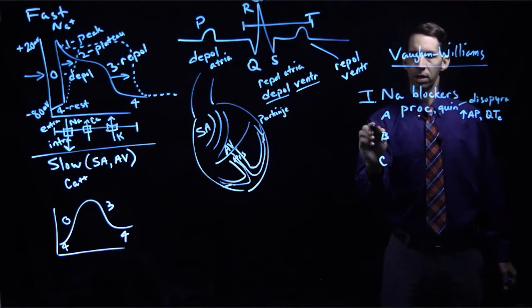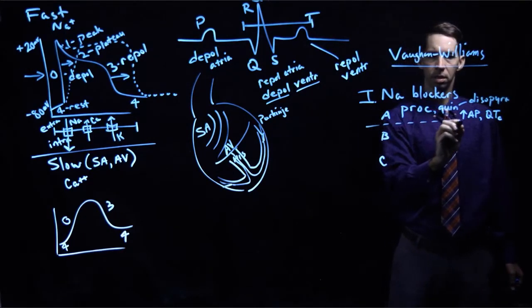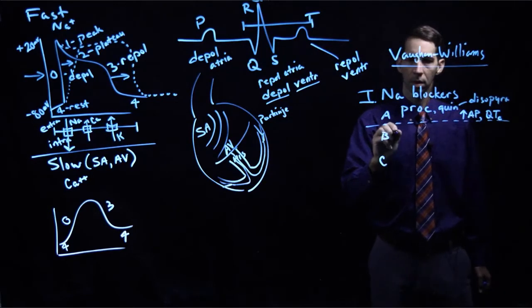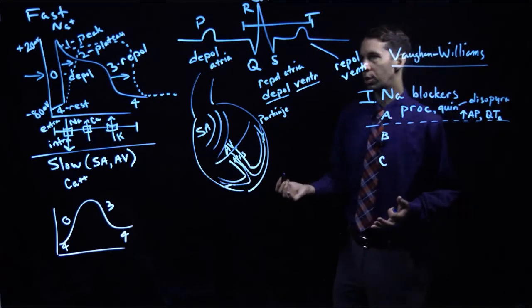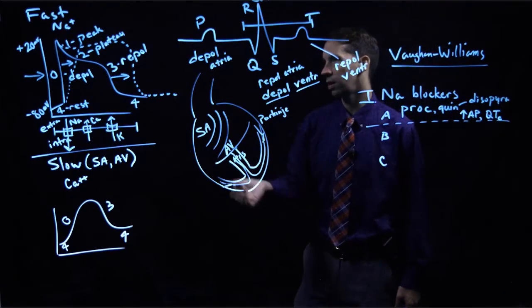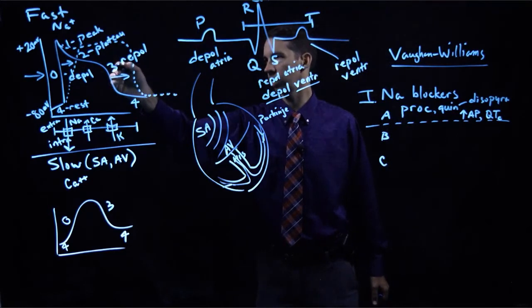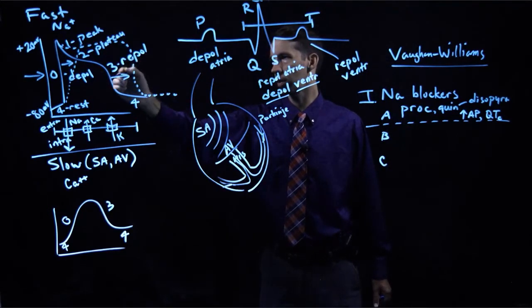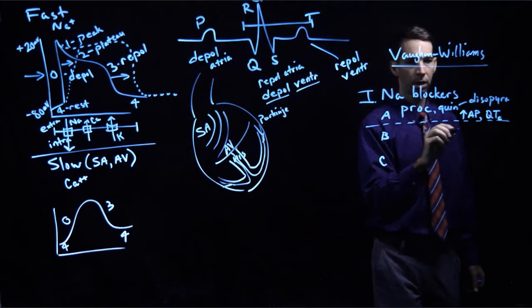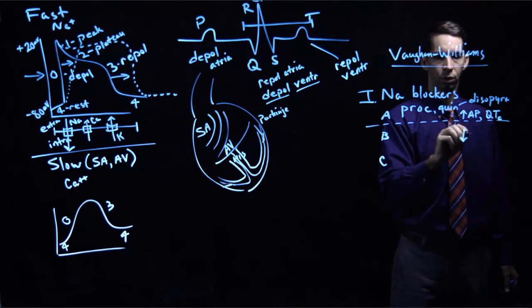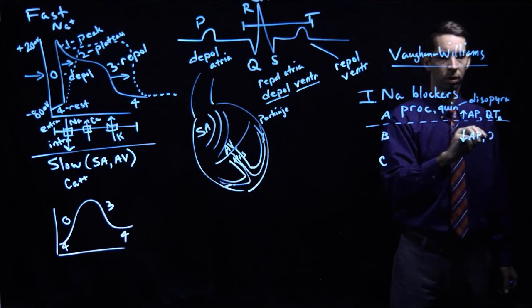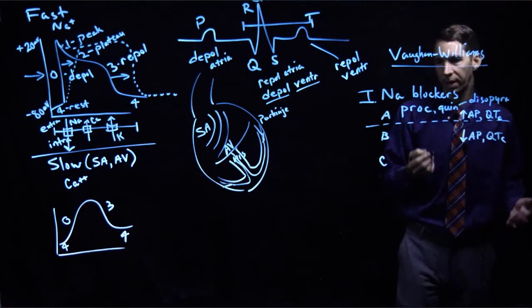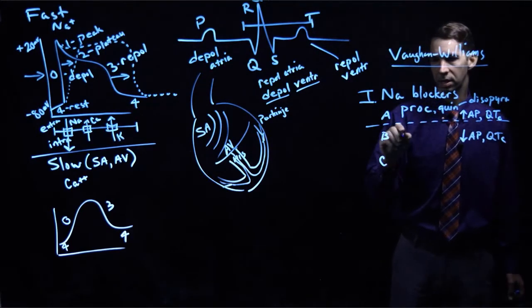All right, so then moving on to the 1Bs. What these do, again, they're still sodium channel blockers, but they actually have the opposite effect. They don't affect phase 3 and cause more repolarization. They in fact shorten the action potential in the QTc, so they can be useful for patients that have a prolonged QTc at baseline.